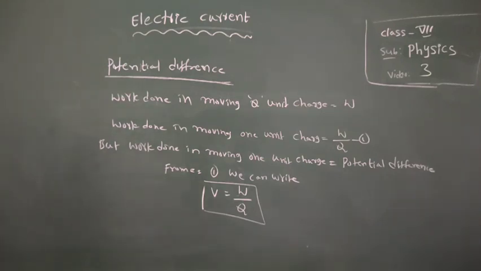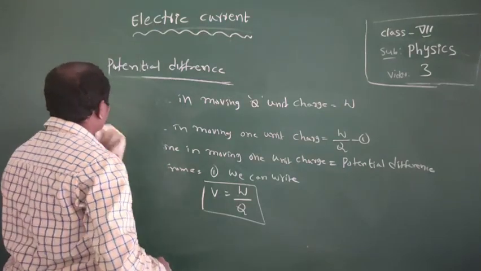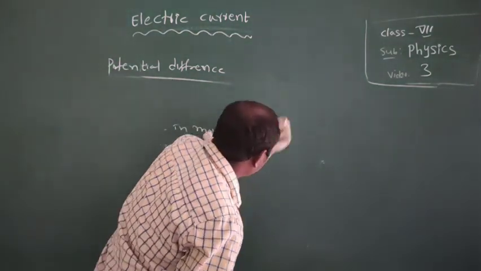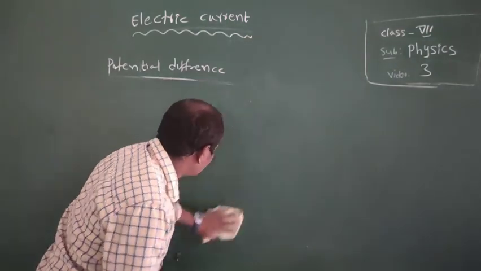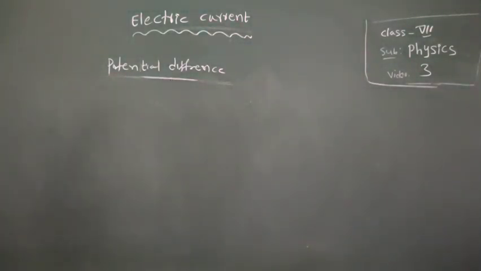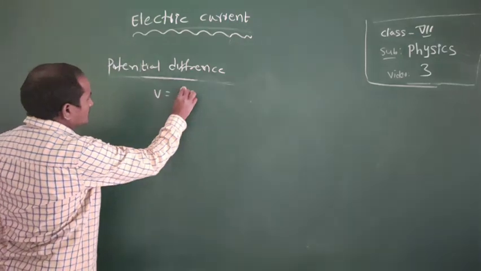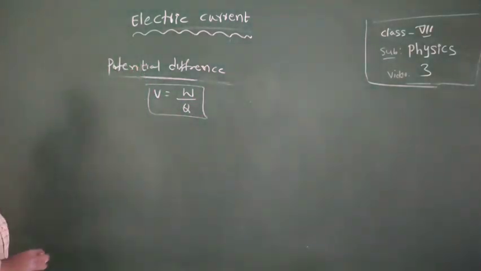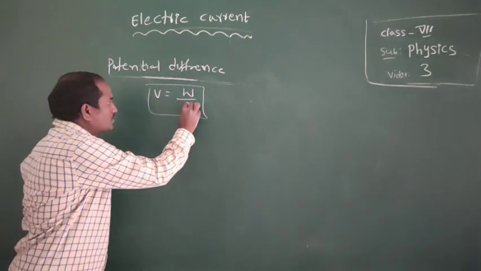But here 1 joule is the work done in moving 1 coulomb charge. V equal to W by Q. Here work done equal to 1 joule, then charge equal to 1 coulomb.